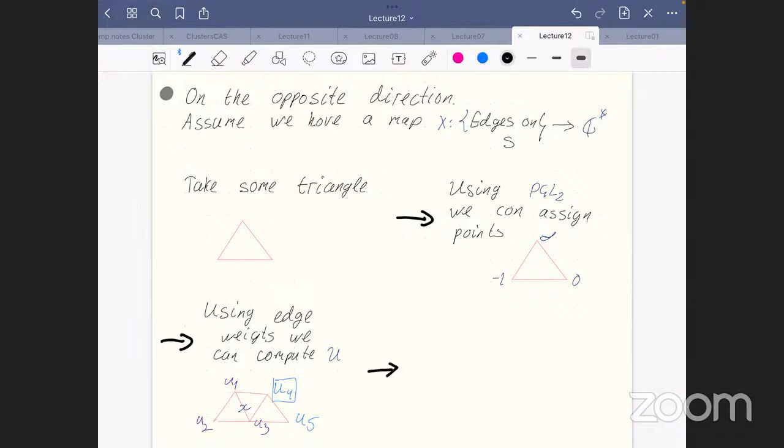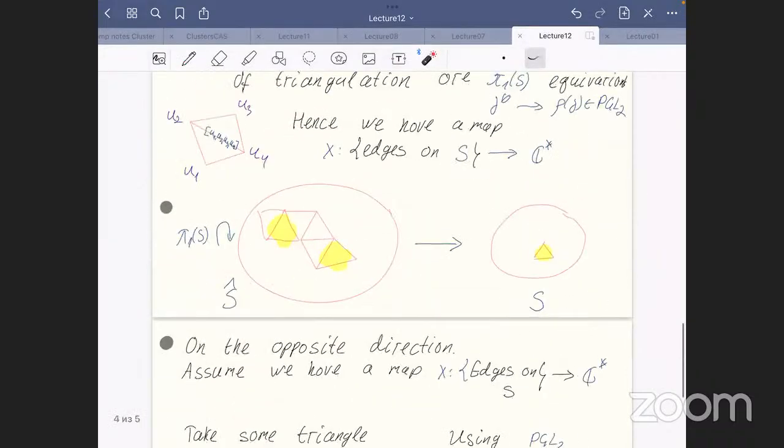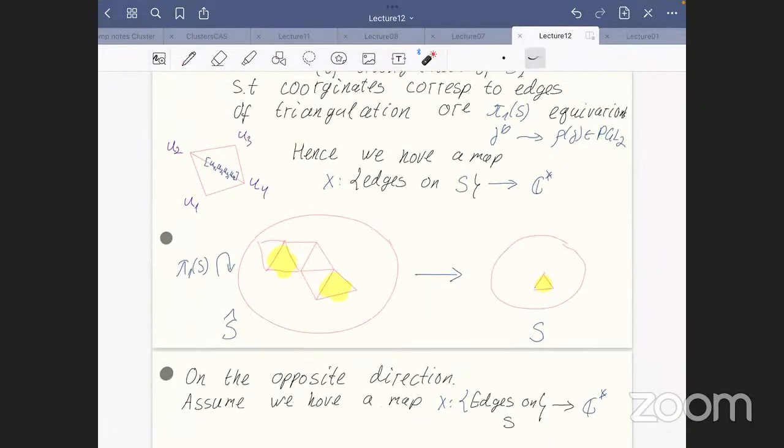But here you can see the difference between S and S hat. For S hat, you just start and go, and you can come to any triangle, and everything is okay. But for S, you can go through a certain line and return to the same triangle from which you started. Or you can have different, non-homotopic paths from one triangle to another.